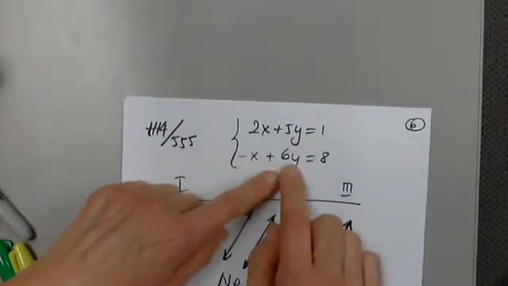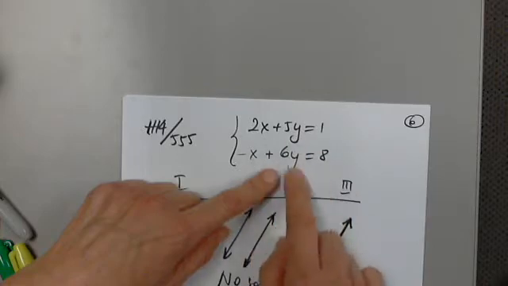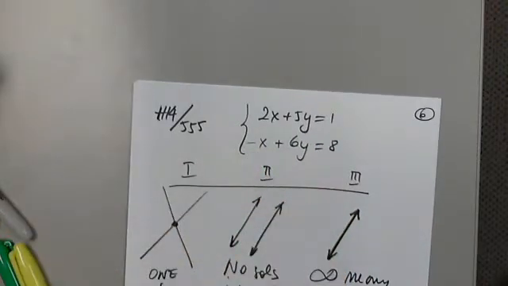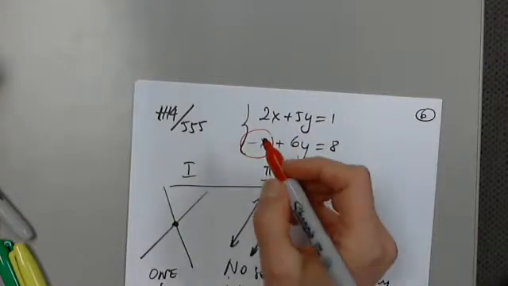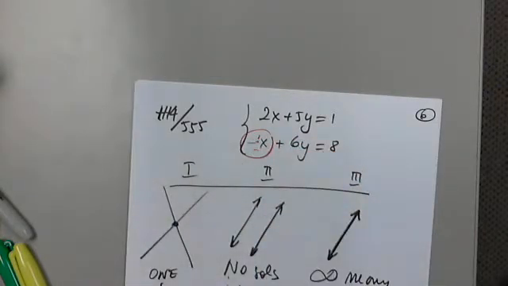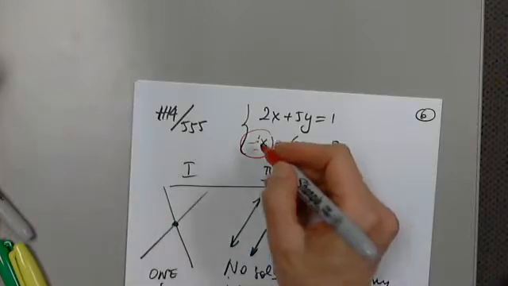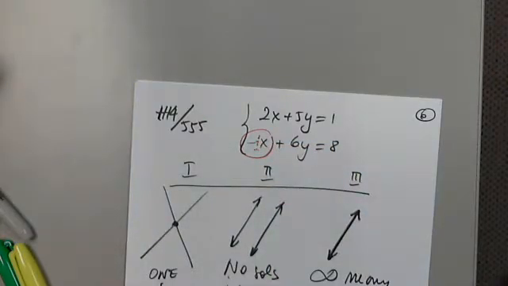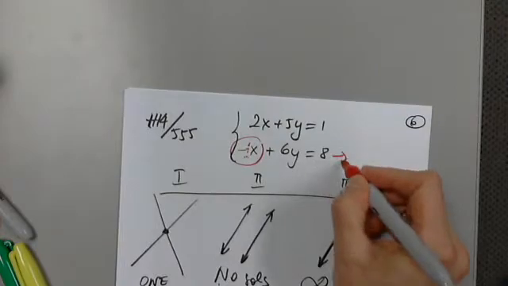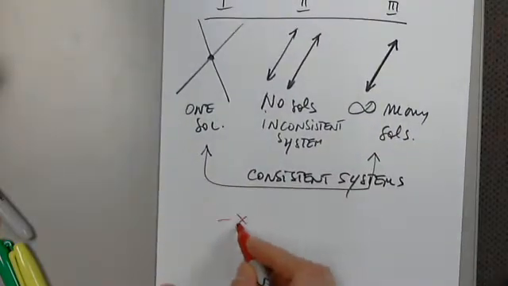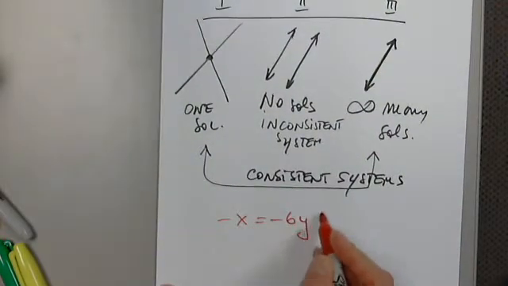Do I want to solve for this y? No, for the same reason. This is the only one that I will ever think of solving for, if the coefficient is 1 or -1. If it's any other number, I would not consider using substitution unless I can simplify somehow and still get back to 1 or -1. So I will solve this equation for x. I have negative x equals negative 6y plus 8.